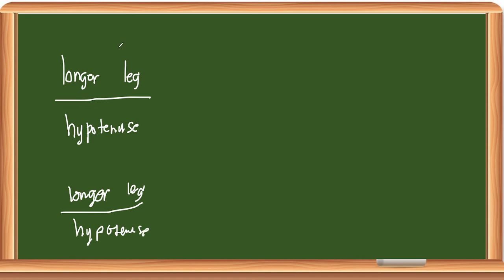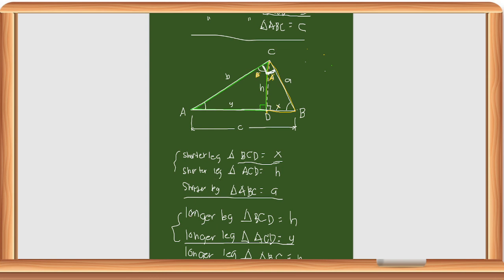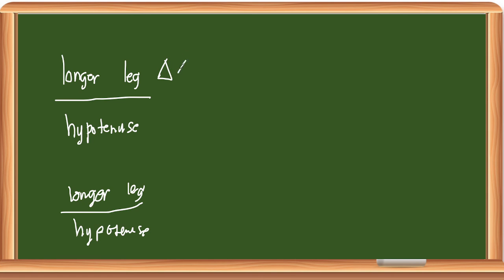Now, we're going to use yung isang triangle naman here. Longer leg tayo, no? Dito sa triangle ACD naman, no? So that's Y. So let's put ACD here. Triangle ACD naman ang involved at yung original triangle.